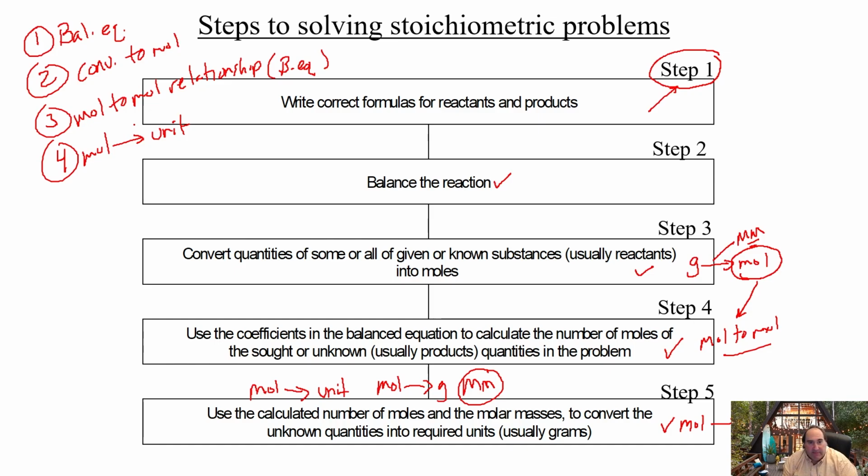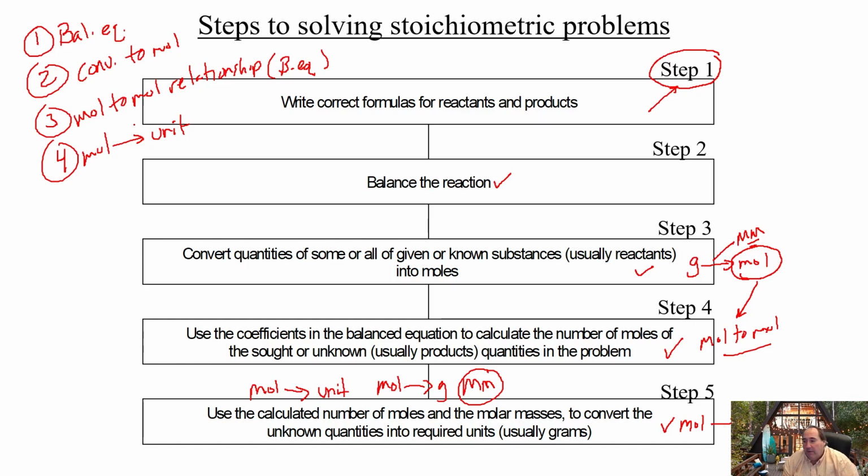Now, what happens if something is done for you? You actually just go forward. You do not want to go backwards. So sometimes something is done for you. For example, let's say instead of being given grams, you're given moles to start with.